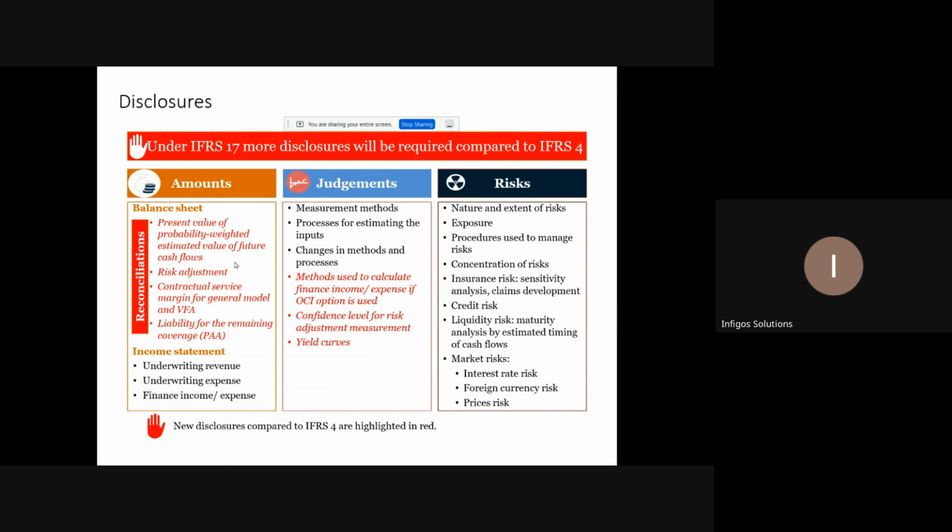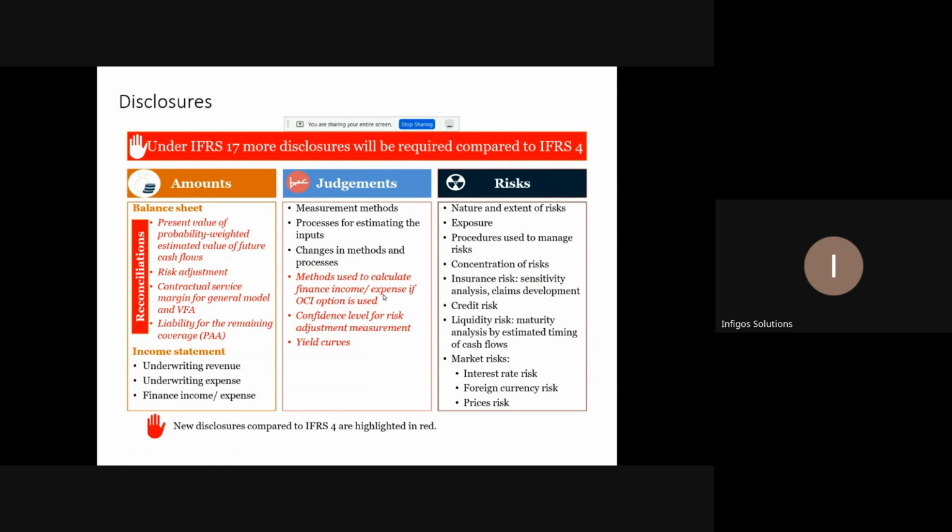One of the things IFRS 17 implements is present value, probability-weighted cash flow. It implements risk adjustment for taking the risk. It implements contractual service margin for saving the profit, not releasing the profit immediately until the service is provided. And then it has liability for remaining coverage in PAA. Then another thing added is the judgment method used to calculate the financial income.